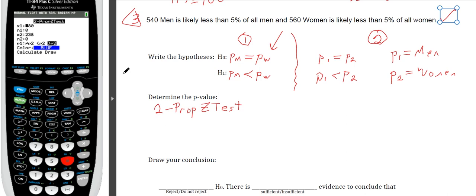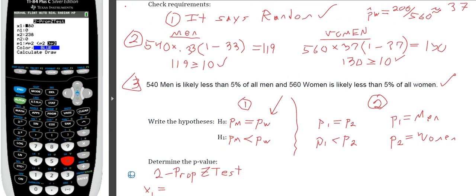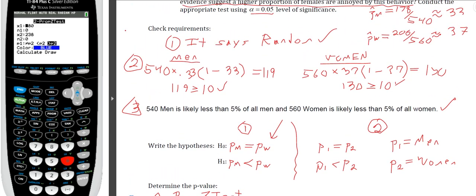When you open up 6, it'll ask us for a few things. It'll ask us for x1, n1, x2, and n2, and then the direction. So x1 is going to be my value for my first proportion, and n1 is going to be my sample size for my first proportion. With these two values, these are the values that we use to make our first fraction. If I scroll up a bit, the first fraction we made for men was up in the top corner here.